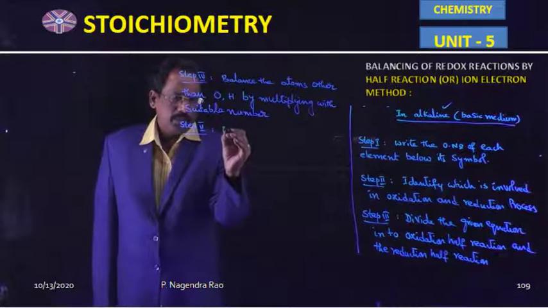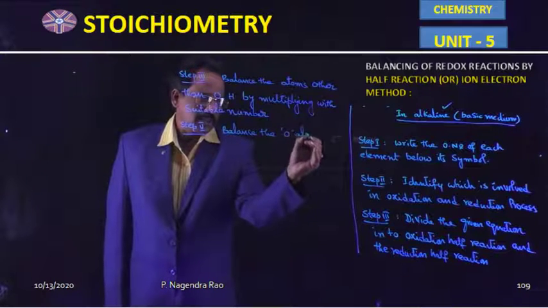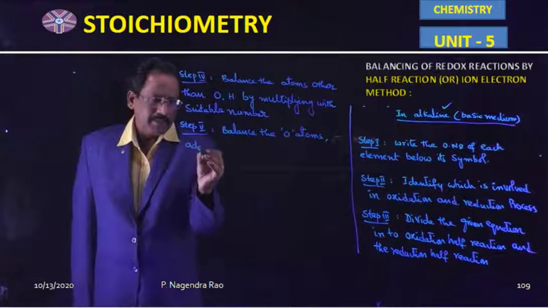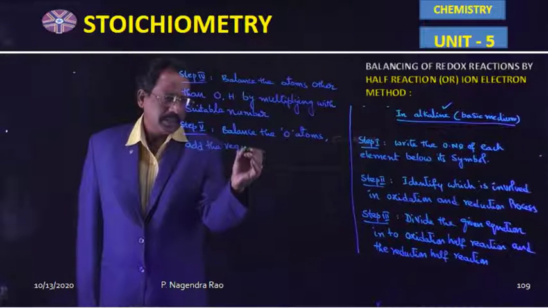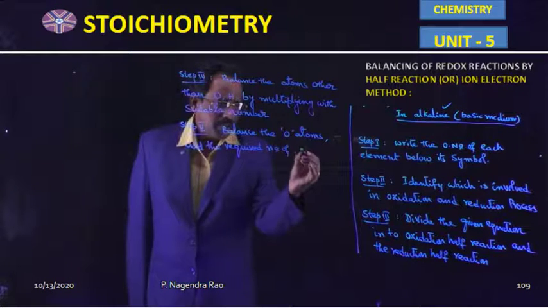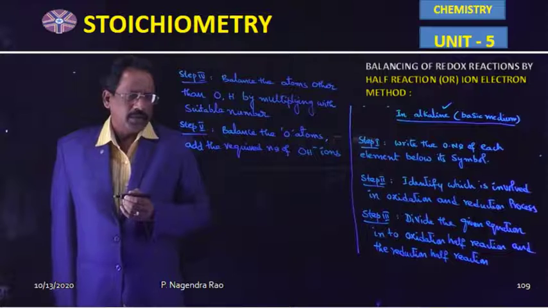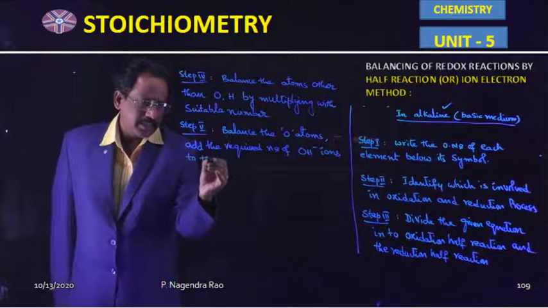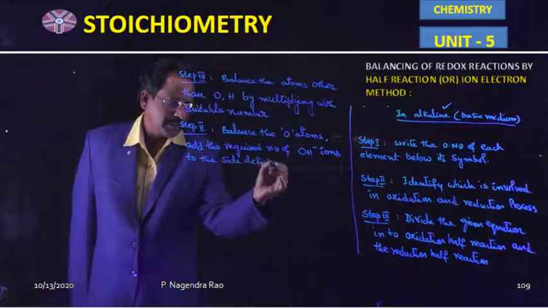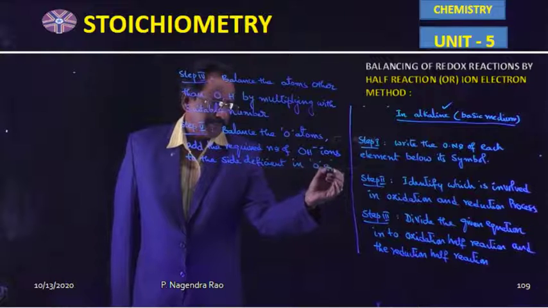Now, to balance the oxygen atoms, add the required number of OH minus ions, hydroxide ions, to the side deficient in oxygen atoms.